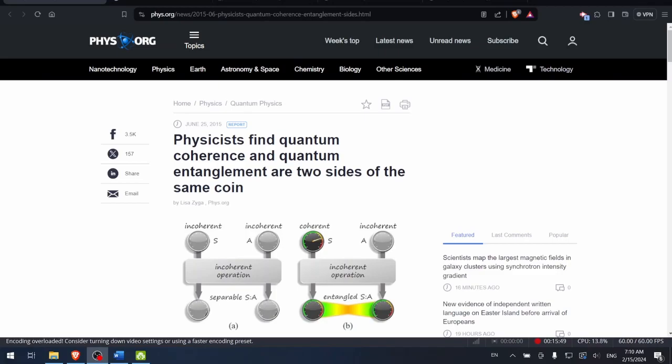So they're very similar. Quantum coherence describes a scenario where an object's wave property is split into two, and then those two waves interact coherently. And coherently basically means that you have two waves that are in the same phase.